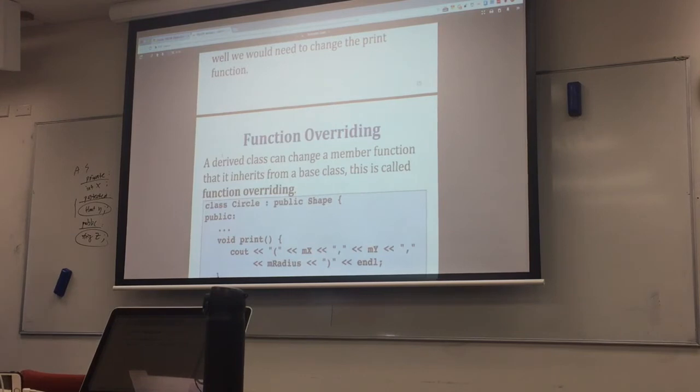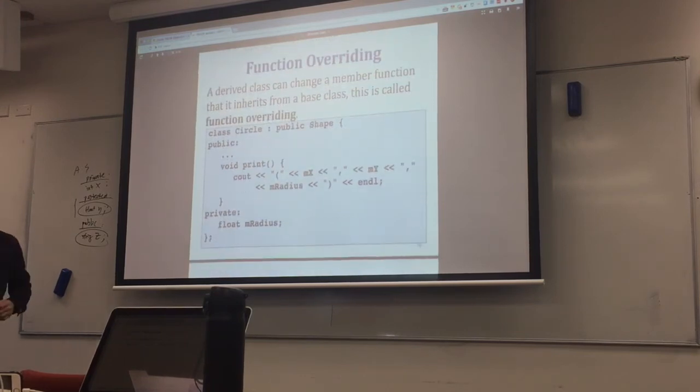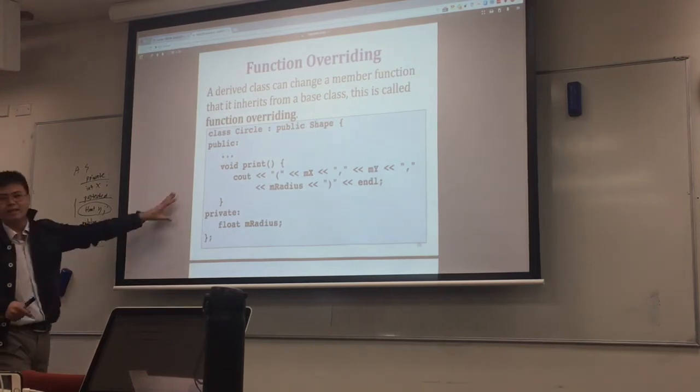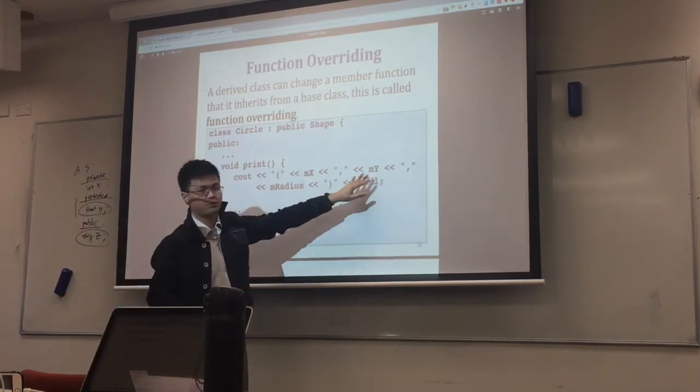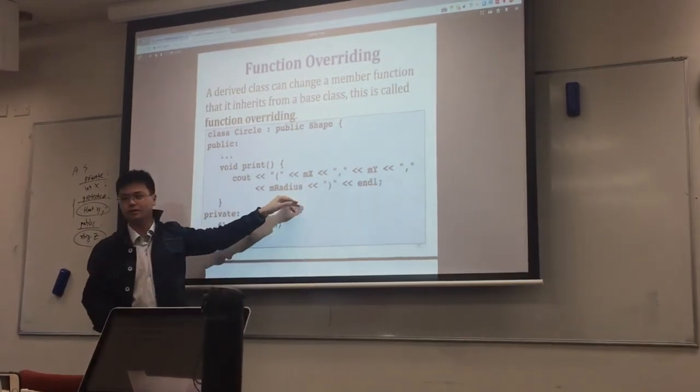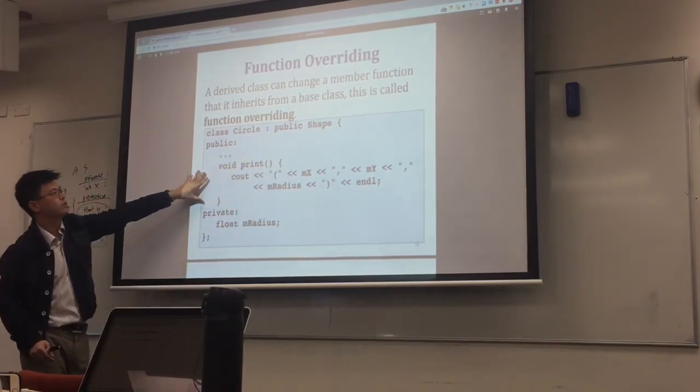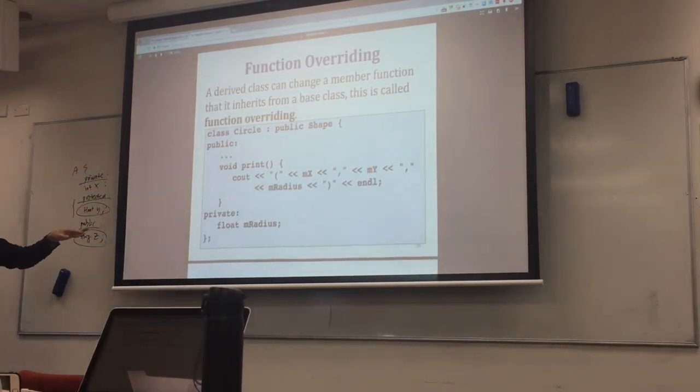Override function. Right? So we're saying overriding is basically saying we provide an alternative. So in this case, in circle, we redeclare print and say instead of just printing out the first two variables, also print out the radius. This is the alternative that circle provides.